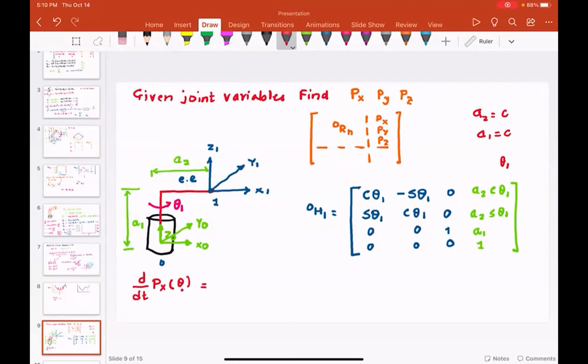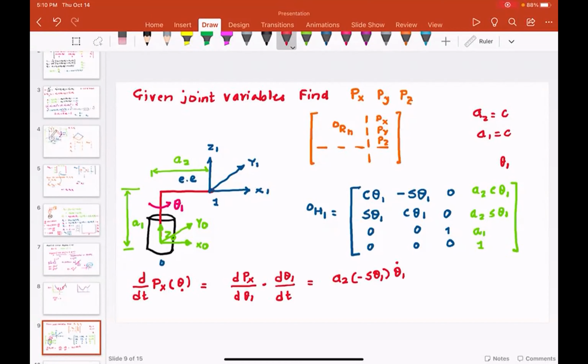It means I need to use the chain rule. So dPx by d theta 1 multiplied by d theta 1 by dt. It means A2, derivative of cosine theta 1 becomes minus sine theta 1, and derivative of theta 1 is theta 1 dot. Everyone understood this?